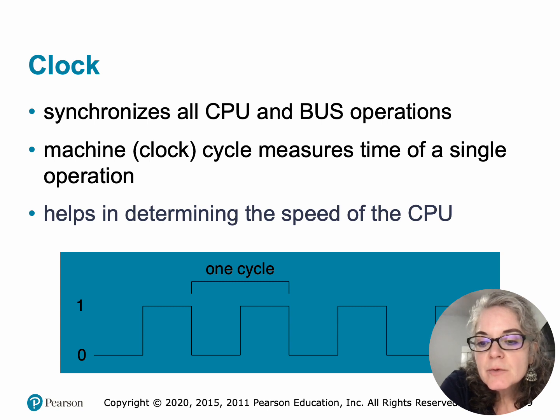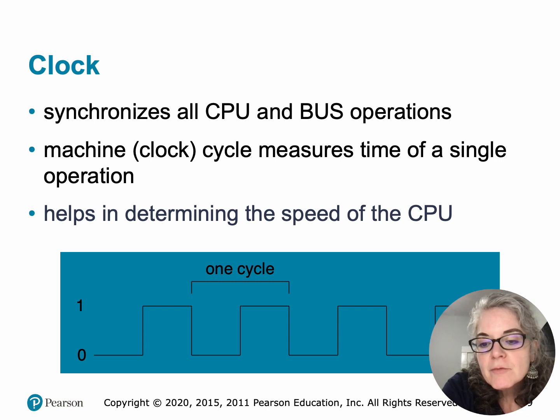A CPU which completes 3 billion clock cycles per second has a clock speed of 3 gigahertz.